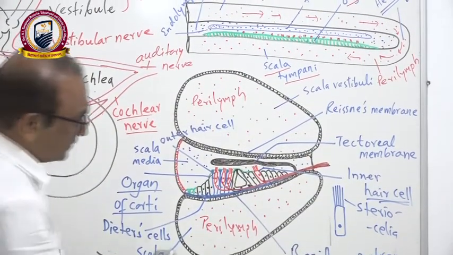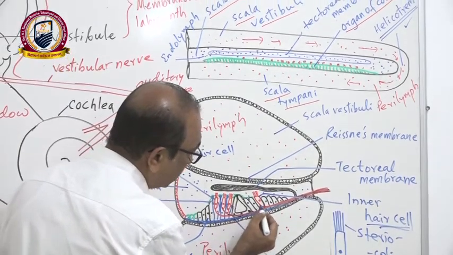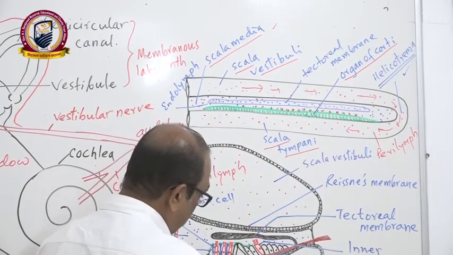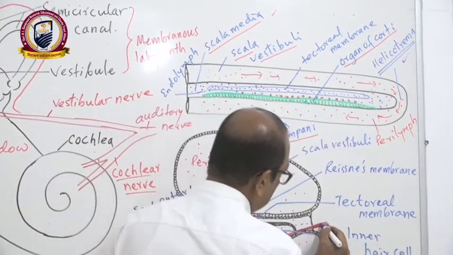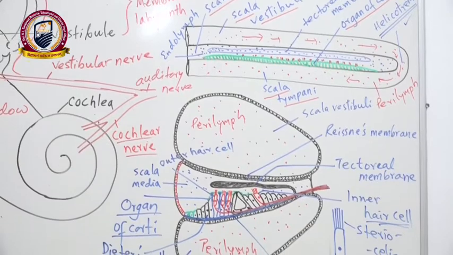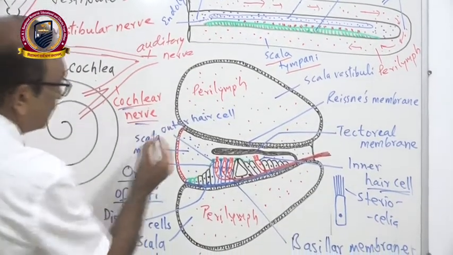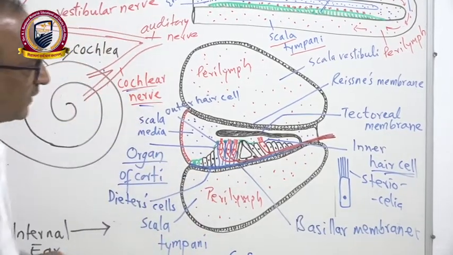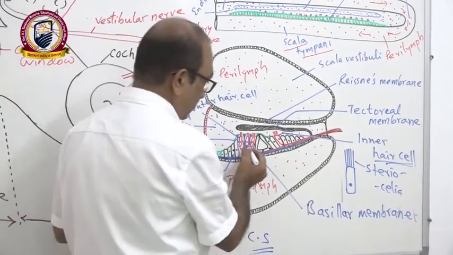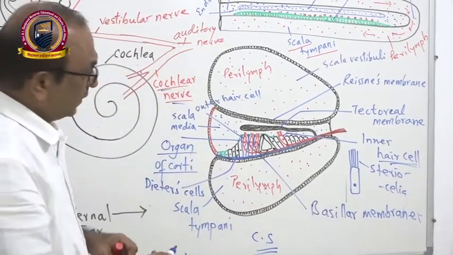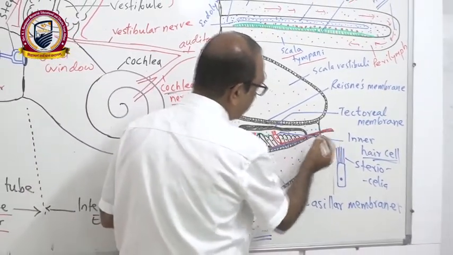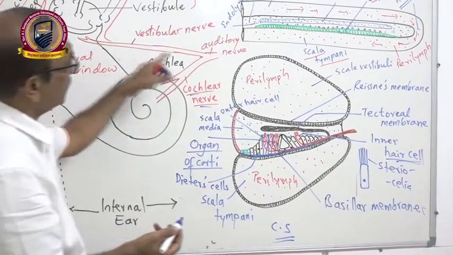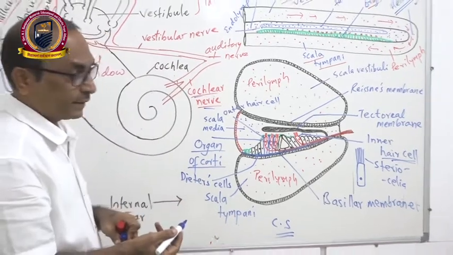And from such hair cells the nerves arise, and all these sensory neurons will join to form the nerve that is called the cochlear nerve. So each and every hair cell is connected with sensory neurons which collectively join together forming the cochlear nerve, and that joins with the vestibular nerve to form the auditory nerve.